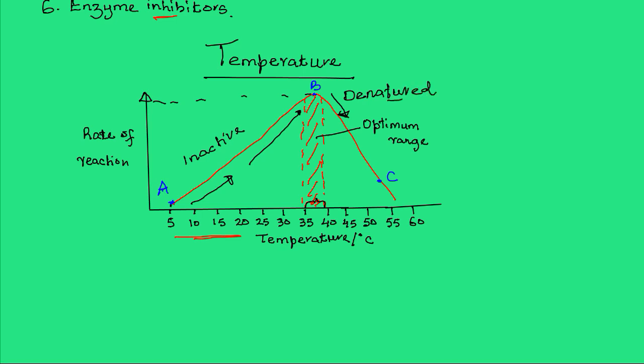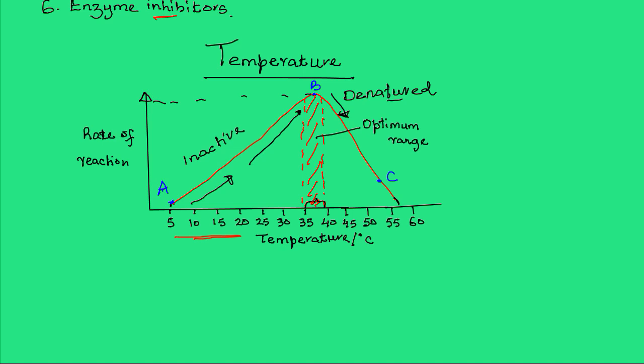And when they get denatured, their effectiveness reduces. So as the temperature rises, more and more enzymes become denatured and the rate of reaction decreases and becomes less and less until eventually it may stop altogether.